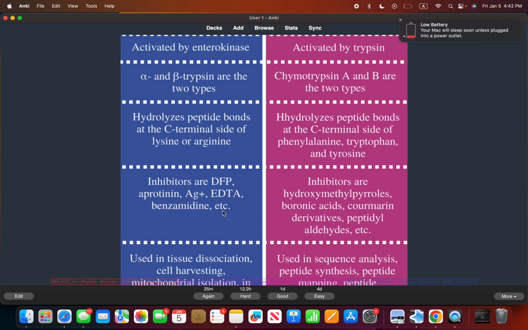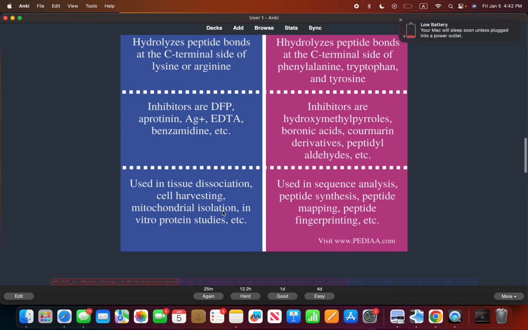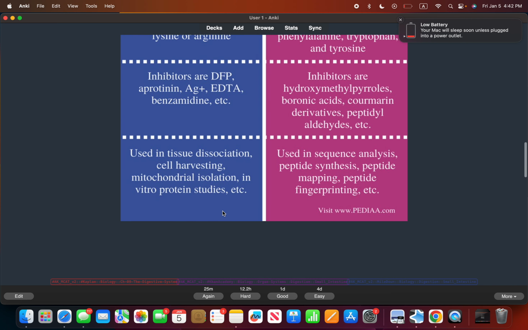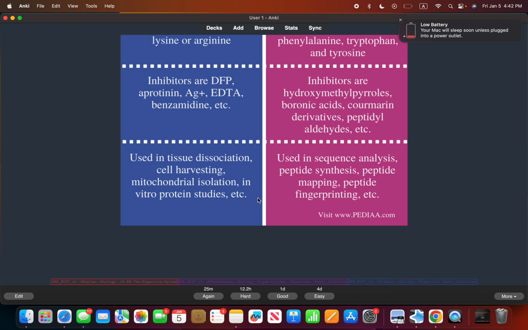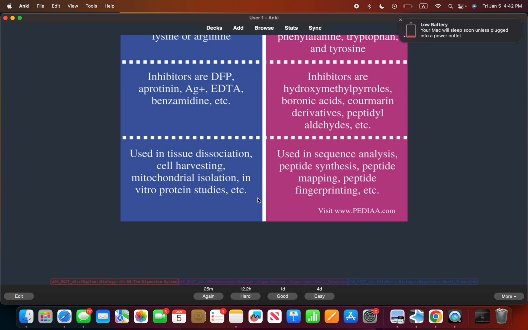But inhibitors for chymotrypsin are hydroxymethylpyrroles, boronic acids, coumarin derivatives, peptidyl aldehydes, etc. Trypsin is used in tissue dissociation, cell harvesting, mitochondrial isolation, in vitro protein studies, etc. But chymotrypsin is used in sequence analysis, peptide synthesis, peptide mapping, peptide fingerprinting, etc.